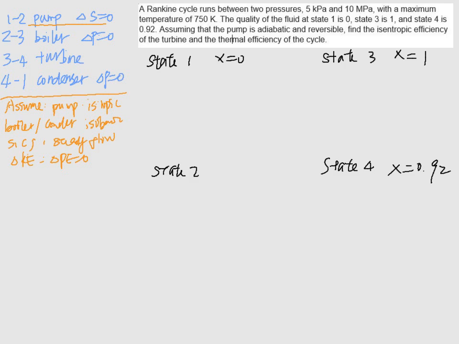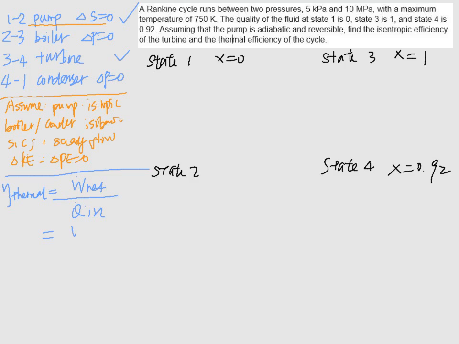Let's start with the thermal efficiency of the cycle. If you recall, the thermal efficiency is equal to the net work over the heat input. And the work is coming from the pump and the turbine.